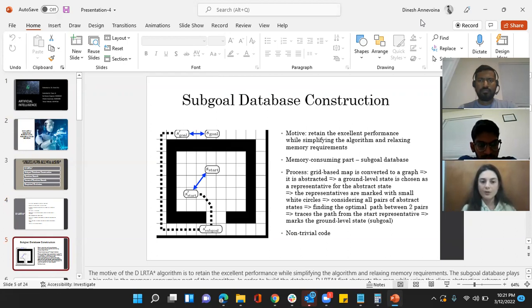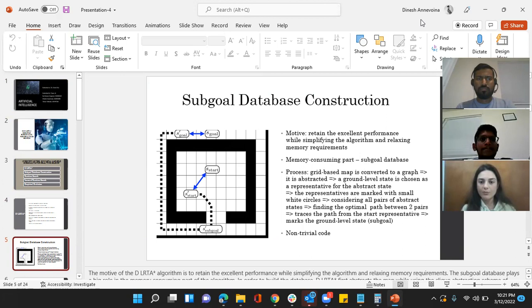So the motive of the algorithm is to retain the excellent performance while simplifying the algorithm and relaxing memory requirements. A big role in the memory consumption of the algorithm is played by the subgoal database.